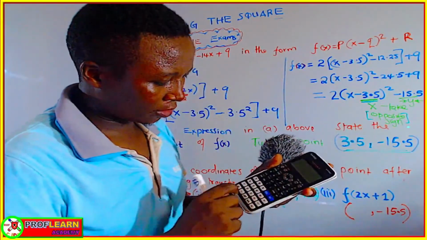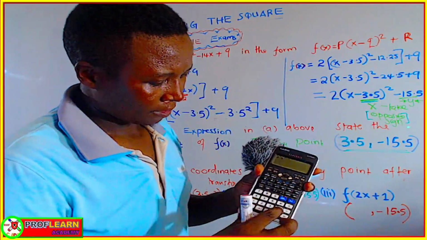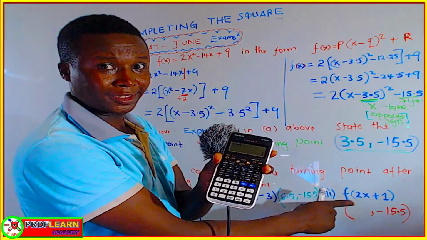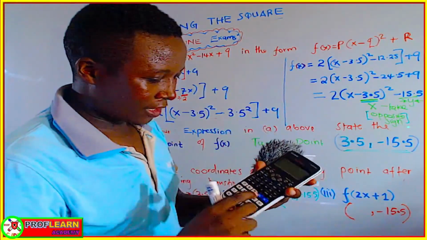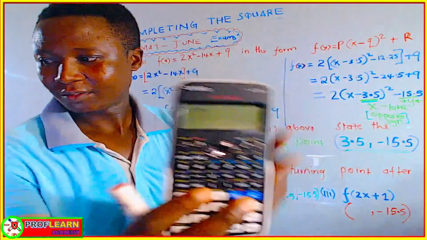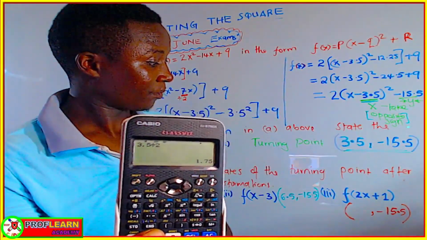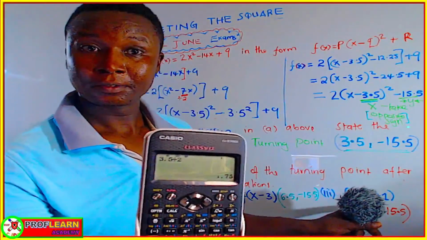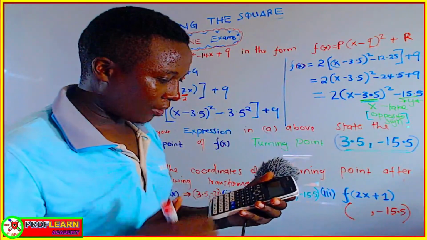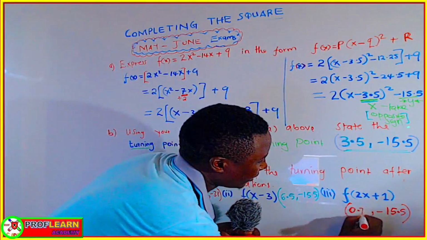To work this out, we say 3.5 divided by 2, because it was a multiplication, so we do the opposite. Then we get 1.75. Then, because the transformation is telling us add, we do the opposite and subtract 1. So our answer becomes 0.75. So the coordinate here is 0.75.